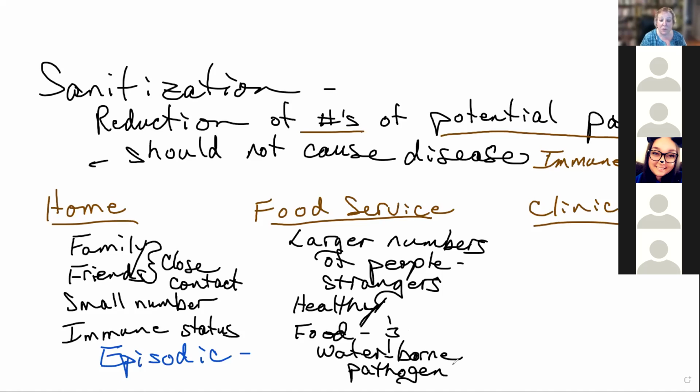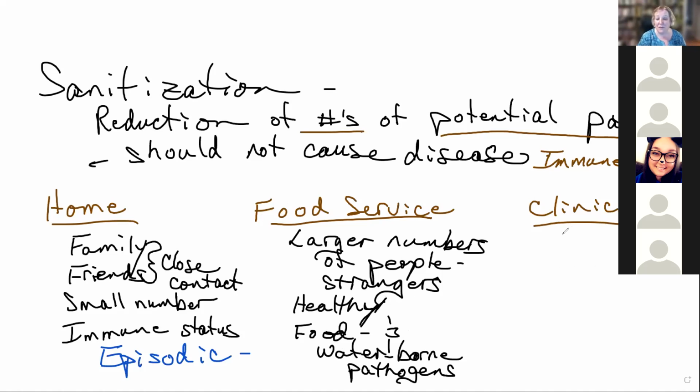Those are the main ones you're concerned about. So it's a select type of pathogen. So sanitization is going to mean something different than it does at home, because of the volume of food you're making and the number of people that you're providing services to, and that kind of thing.